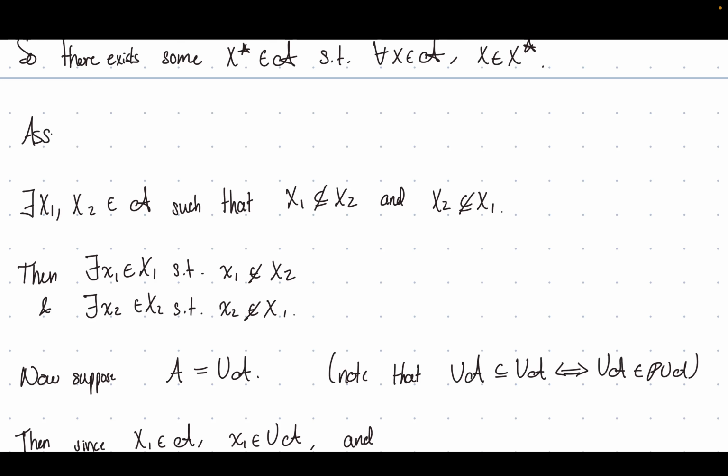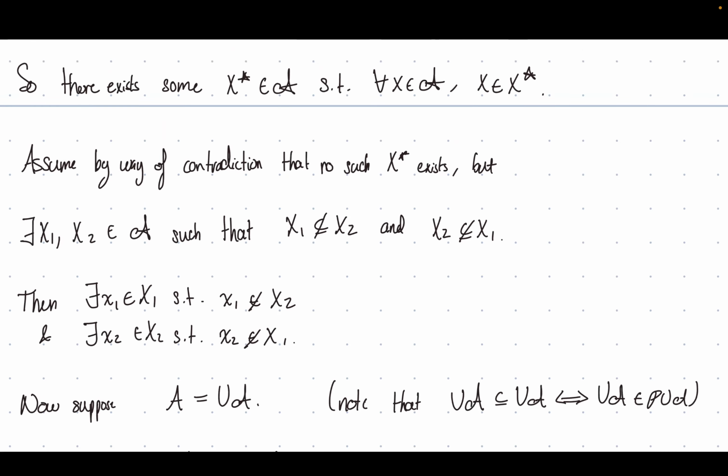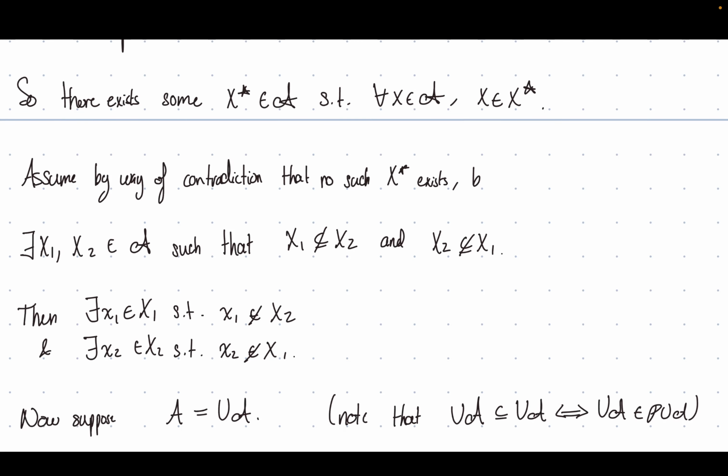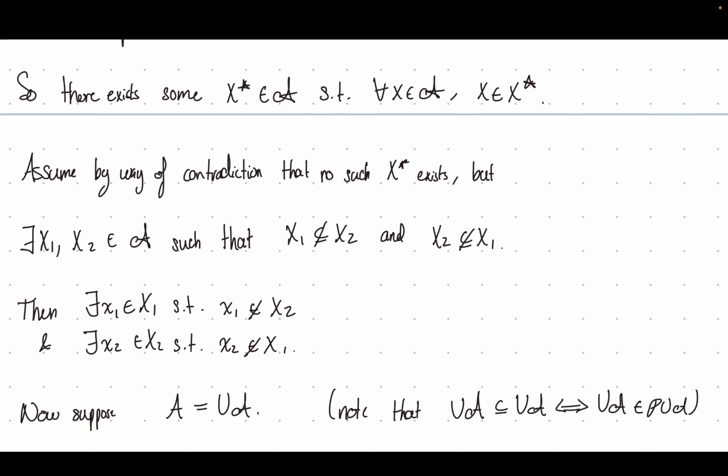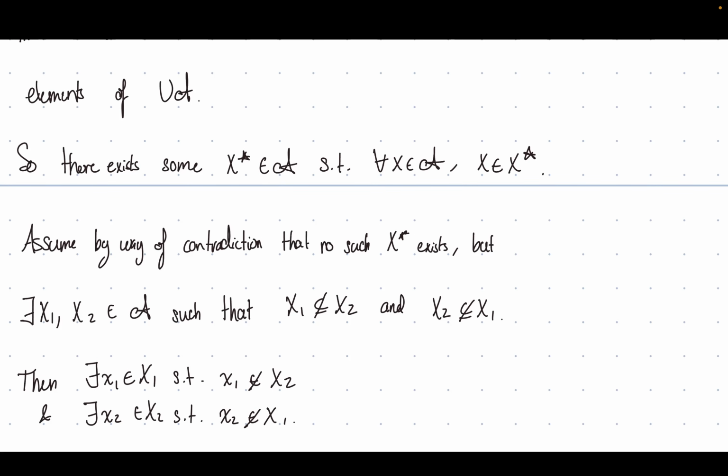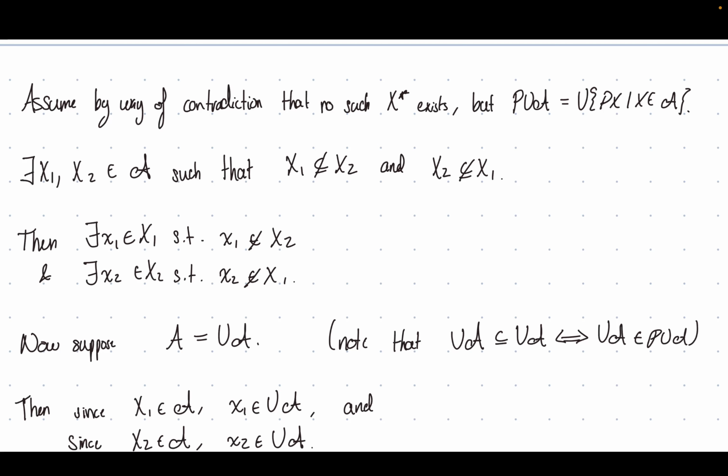So assume, my bad, assume by way of contradiction that no such x star exists, but the power set of the union of A is equal to the union of P(x) such that x is in script A. Okay, yeah, this is where things start to make sense.